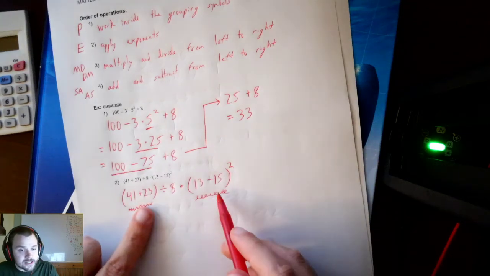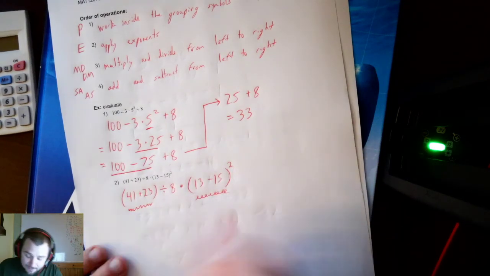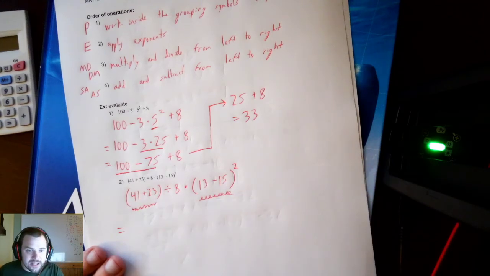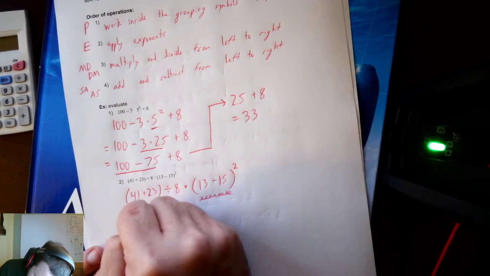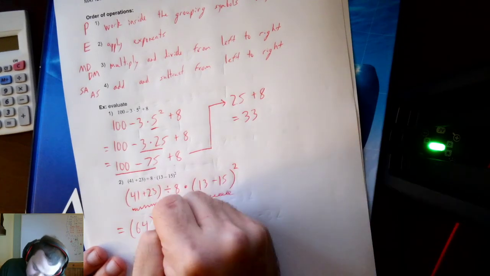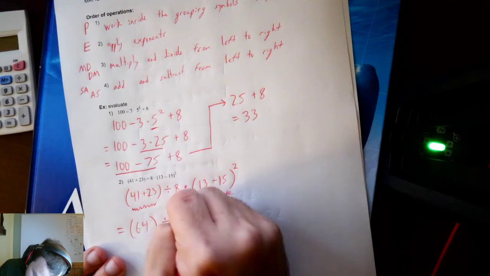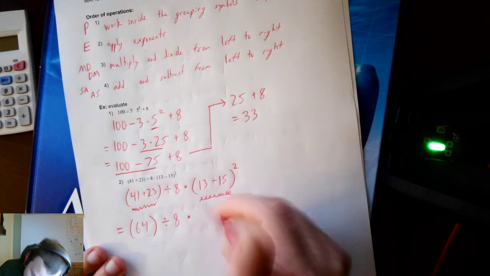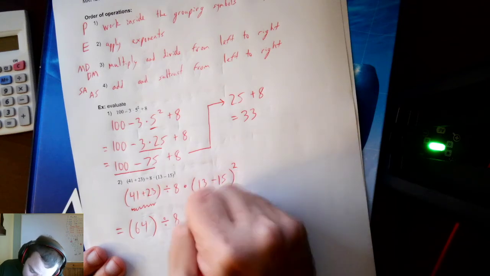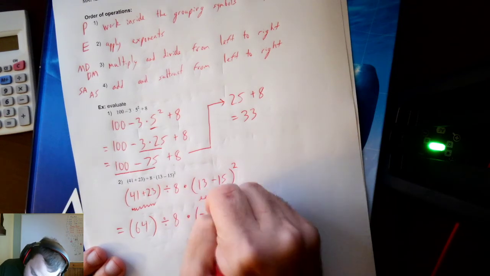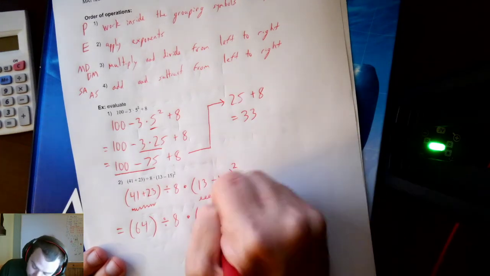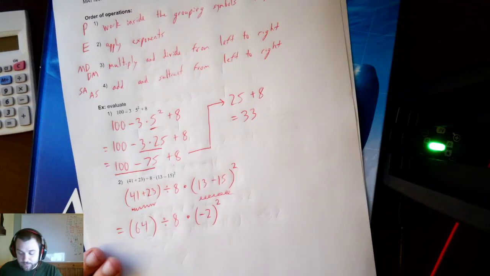They're separate groups though, so I can work them both at the same time. 41 plus 23 gives me 64 inside that parentheses, divided by 8 times, in this parentheses, 13 take away 15 is negative 2. 13 minus 15 is negative 2. And don't forget the squared.